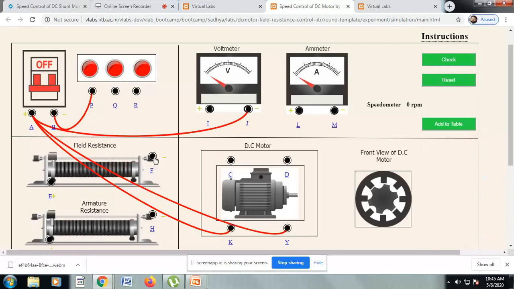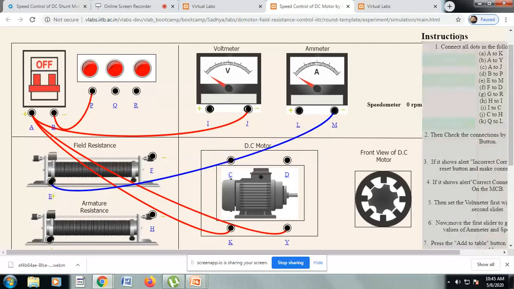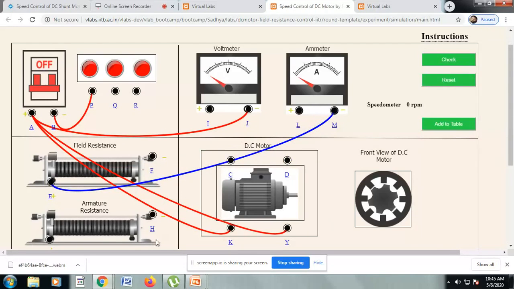Now we connect ammeter to field resistance. Field resistance F to D, and field resistance to motor. Field resistance to motor field.